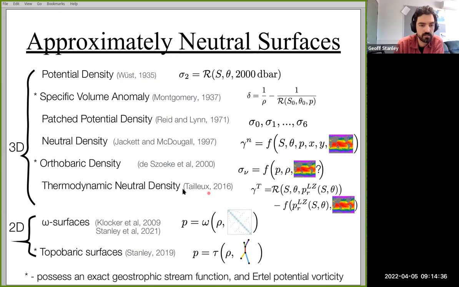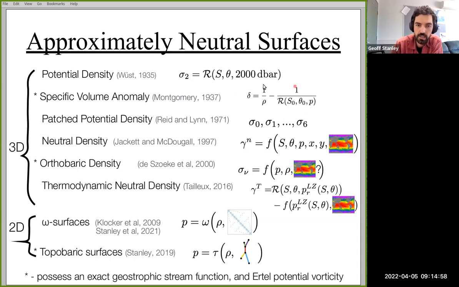And there's been a lot over the years. So we've talked about the classic one already of potential density, just the density of your fluid parcel evaluated at a certain reference pressure. The other classic one is specific volume anomaly, which is the density minus a density of a certain reference fluid parcel with a given salinity and temperature at your local pressure.